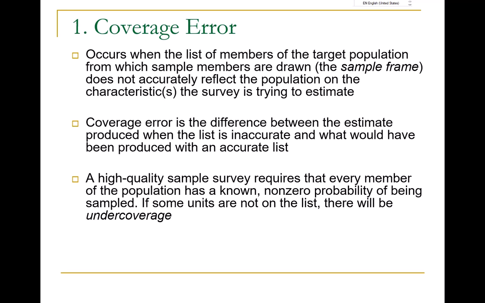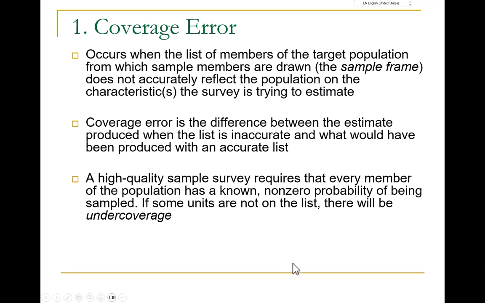Minimizing coverage error is essential to ensuring that the sample is representative of the population. Therefore, researchers need to identify a method to obtain a sampling frame that represents the population, or combine different sampling frames if a single one is not enough.